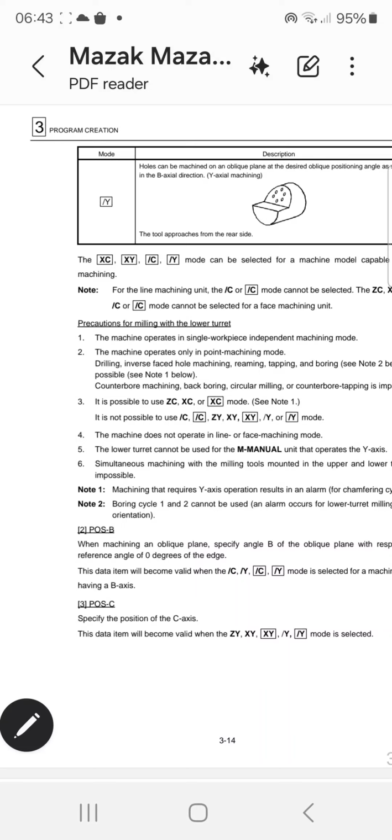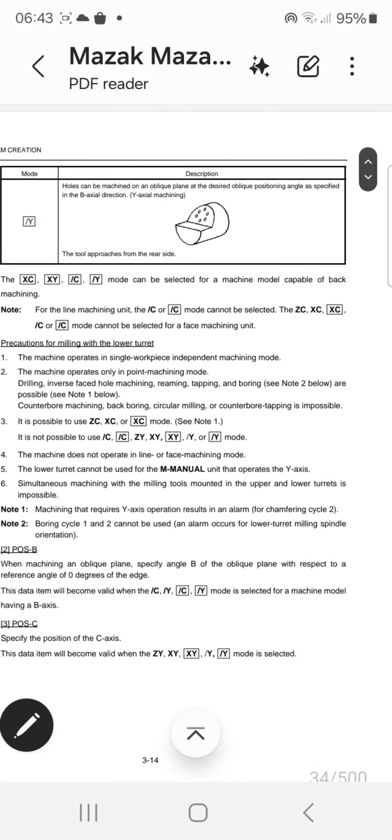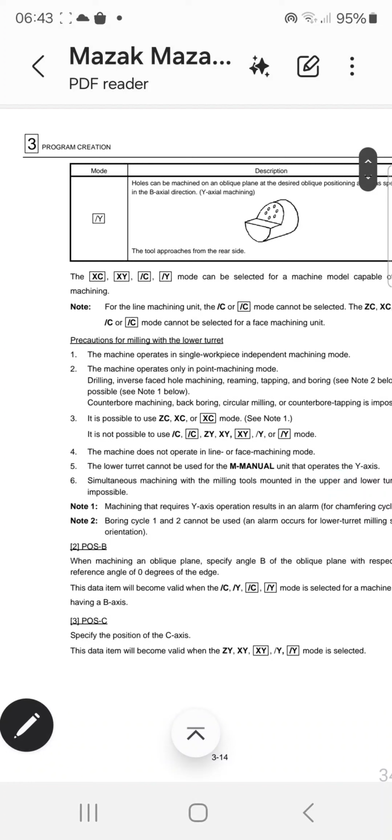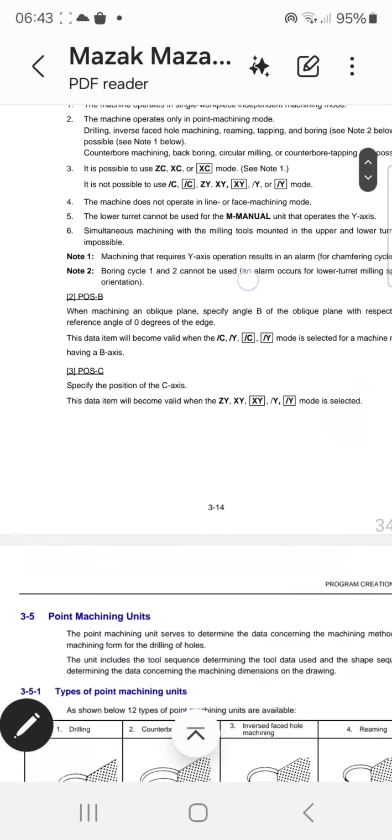The data will become valid when the CY mode is selected. The machine mode having B push C, the specific position of C. The data item will become valid when ZY mode is selected.